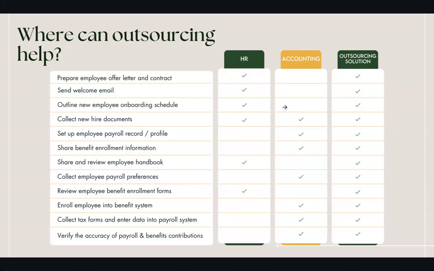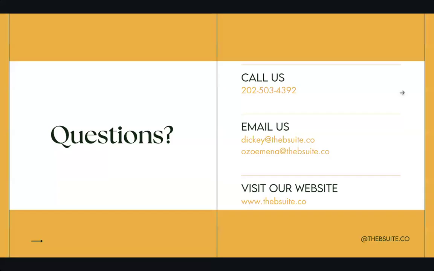So that is typically how it's distinguished between HR and accounting. Outsourcing can help in any one of those key steps. So wherever you think there might be a need for additional capacity, that's where the outsourcing will come in. So that's what the third column reflects.